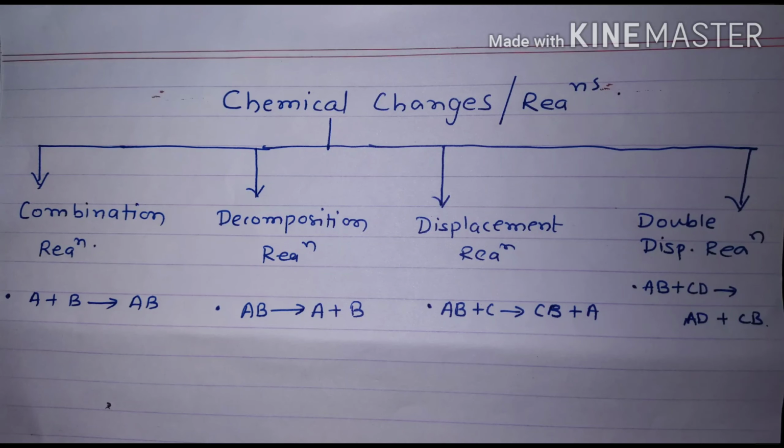This type of reaction is called as displacement reaction, the reaction in which a more reactive element displaces less reactive element. Now see the reactivity series which is written in the above part of the screen.